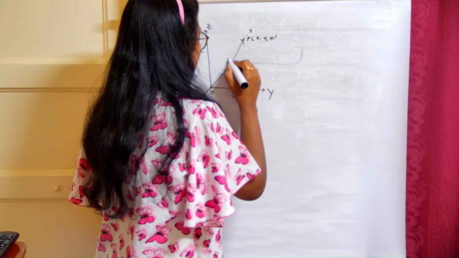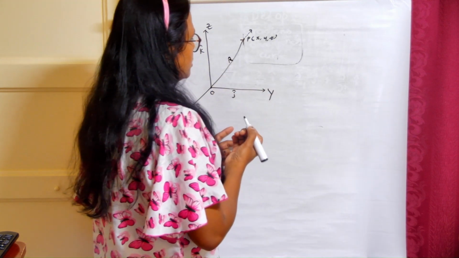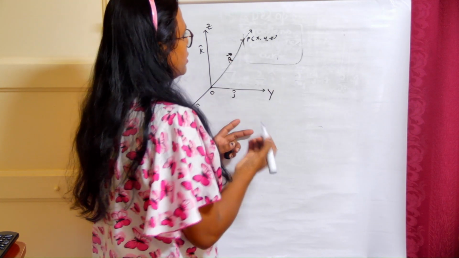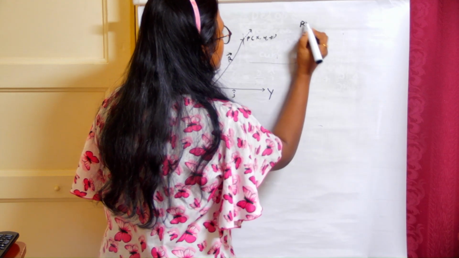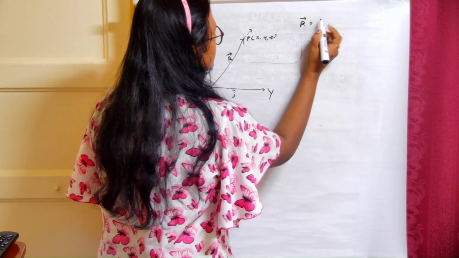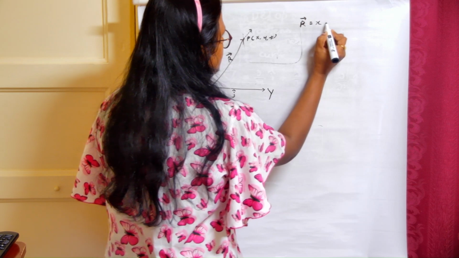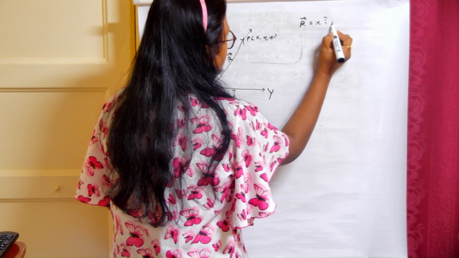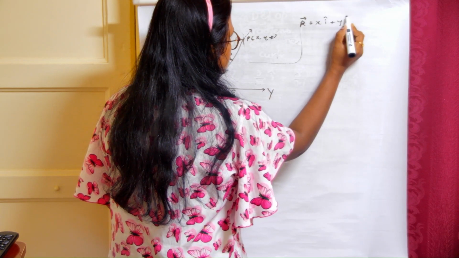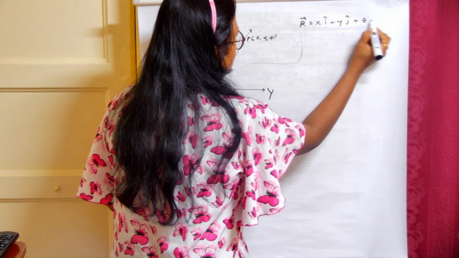So let me call this position vector as R bar. So we can write this position vector as x i cap plus y j cap plus z k cap.